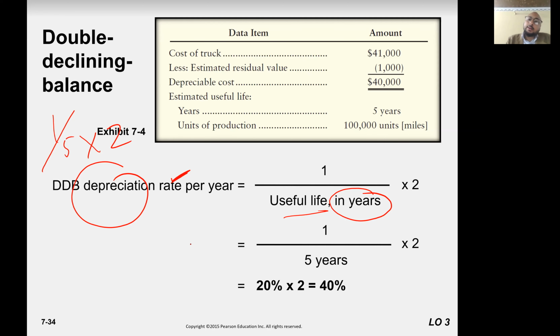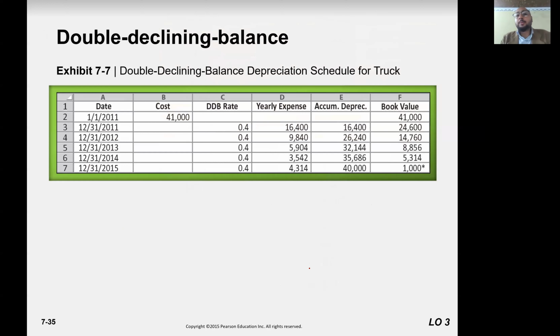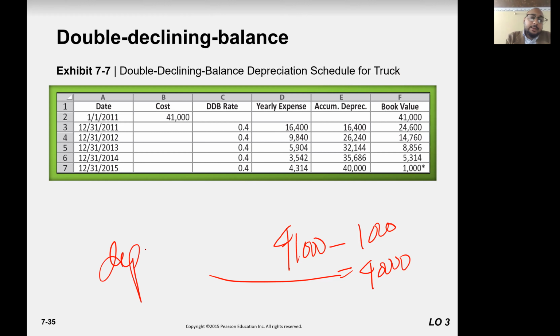All right. So did you notice something? If this is a percentage, then our first year, okay, we'll see in our coming slide. So remember, here we don't use the depreciable amount.